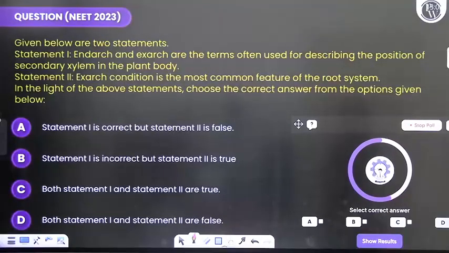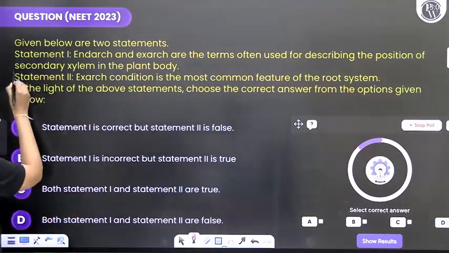Endarch and exarch are the terms often used for describing the position of secondary xylem in the plant body. Exarch condition is the most common feature of the root system. Is the first statement correct?